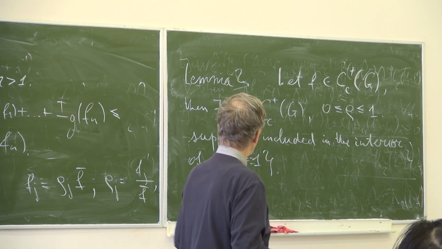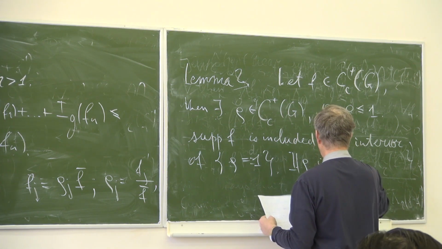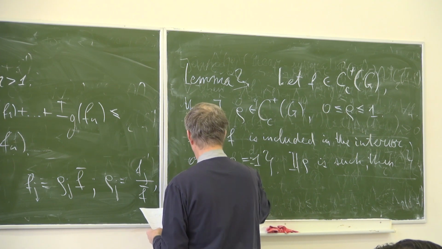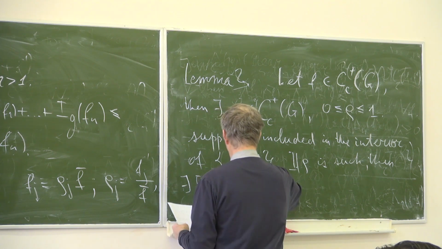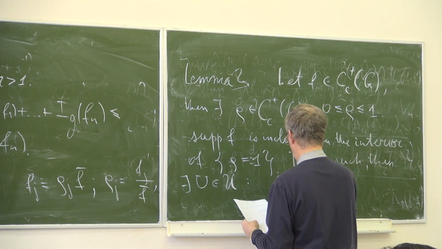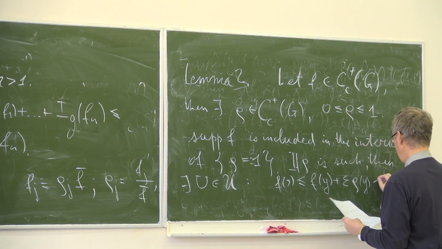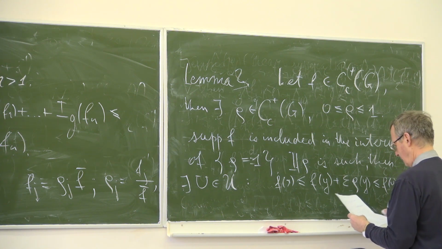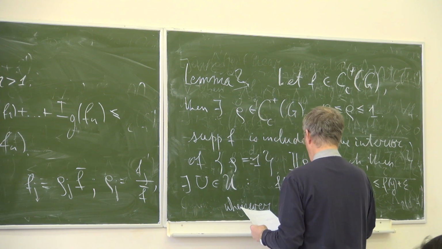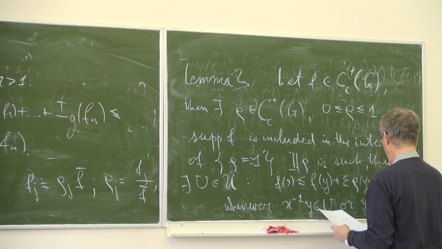And the second claim is that if rho is such, then there is a neighborhood U of unity in our group G such that we have the following inequalities: f of x is dominated by f of y plus epsilon rho of y, and this is dominated by f of y plus epsilon, whenever x to the power minus 1 y is in U, or y to the power minus 1 x is in U.